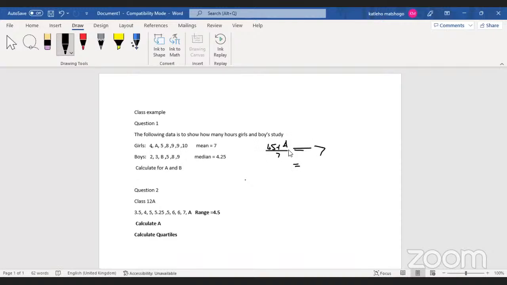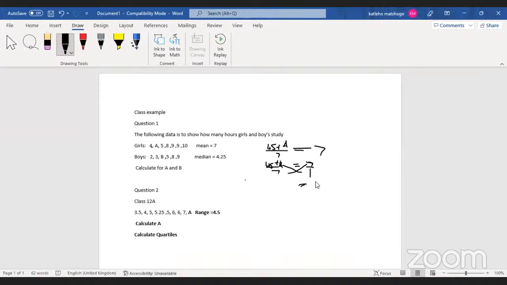Now you have to calculate this. This is your equation now. We want to solve for A. So it's 45 plus A divided by 7, and then 7 over 1. So we're going to cross multiply first. This is our equation as given. Cross multiply.